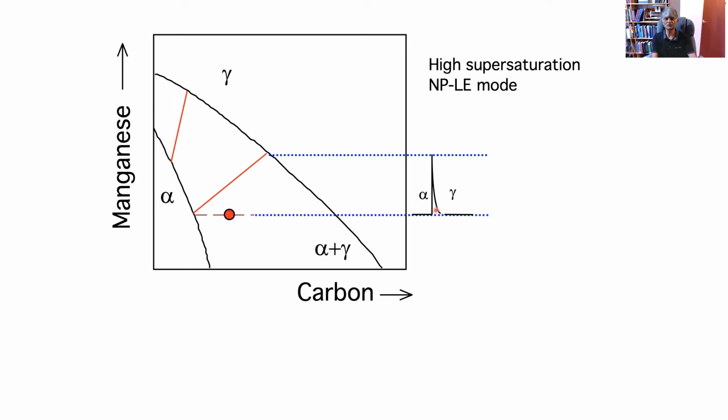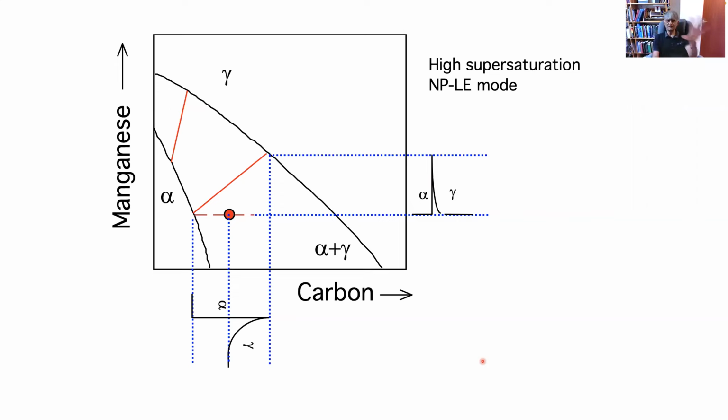The composition of the ferrite is almost identical to that of C bar, the average concentration in the alloy. And of course, the carbon will partition as usual. So by choosing that tie line, you allow the fluxes of manganese and carbon to keep pace with each other as the interface moves.